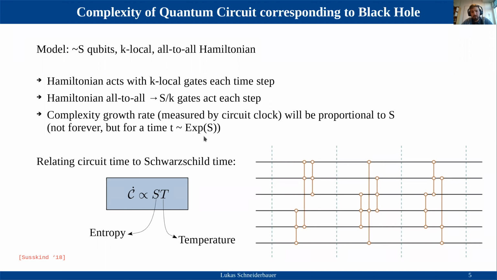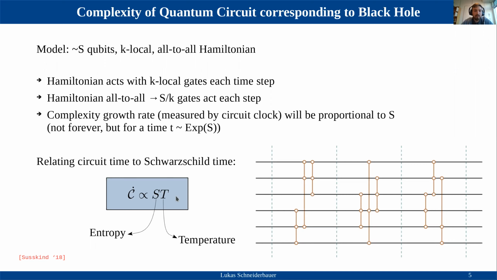So now, if we want to relate this complexity growth, which is proportional to S if we express it in the circuit time, remember that circuit time was related to Rindler time, and we wanted to relate the Rindler time to the Schwarzschild time, which comes with a factor of T, where T is the temperature.